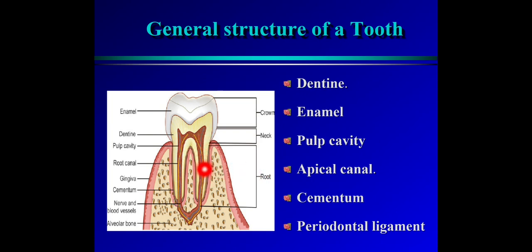These blood vessels and nerves pass through the canal called the root canal. The canal shows one aperture called the apical canal, and the root portion of the dentine is covered by a tissue similar to that of the bone, called the cementum, and the cementum is attached to the alveolar process by a fibrous material, the periodontal membrane.